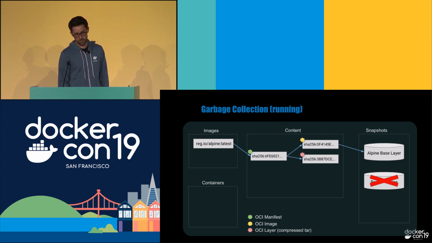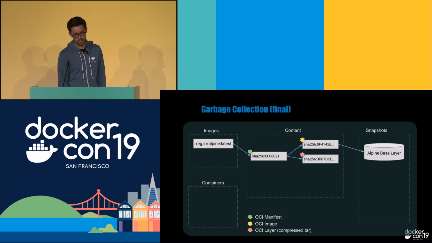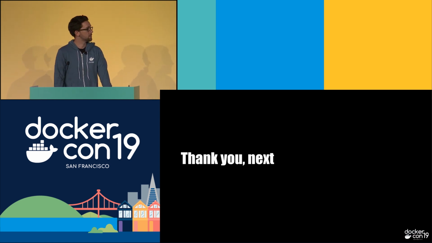And then when the garbage collection runs, it can actually go ahead and delete that unused snapshot as well. So the final state after deleting the image and then the container is just that you have your Alpine base image.